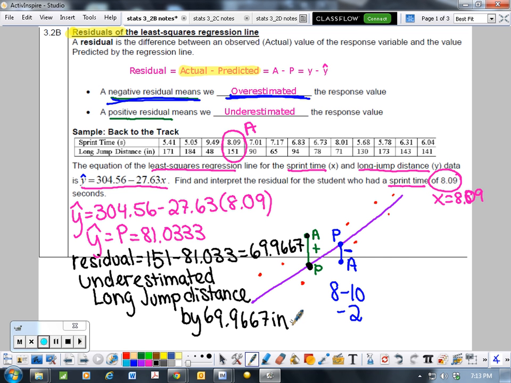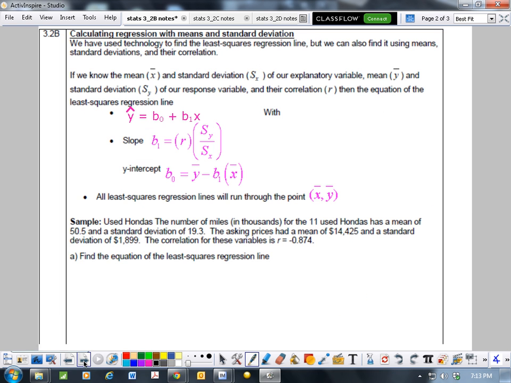So we found our A, we calculated our P, we then calculated the residual, and then we interpreted. Be careful, because they asked us to interpret, so if you're not being careful about that, you need to go through: did we underestimate? Did we overestimate? What's happening there?